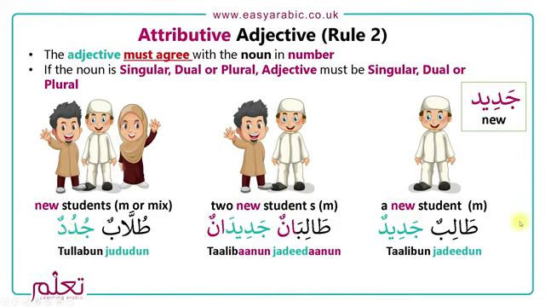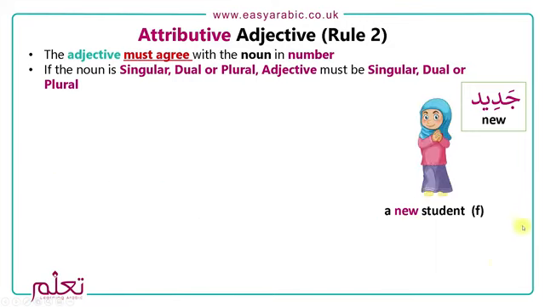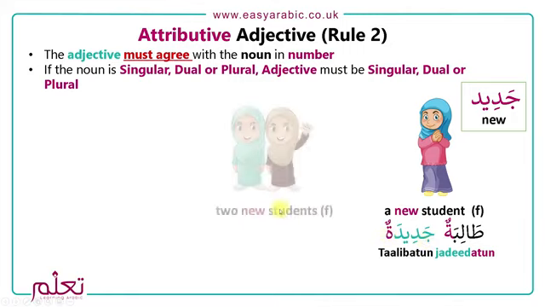Okay, let's look at the female example. Here we've got a new student, female, which will be talibatun, and again we need to add ta marbuta to the adjective, so it will become talibatun jadidatun. When we say 2 new students, female, we need to apply the same rule, which is alif noon.